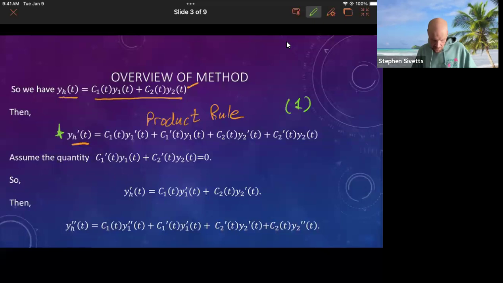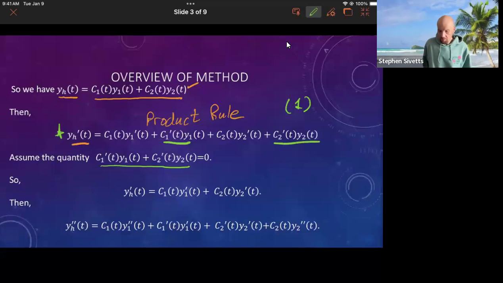So now we're going to assume that this quantity here, c1 prime times y1 plus c2 prime times y2, equals 0. So essentially these two terms in yh prime of t, okay?